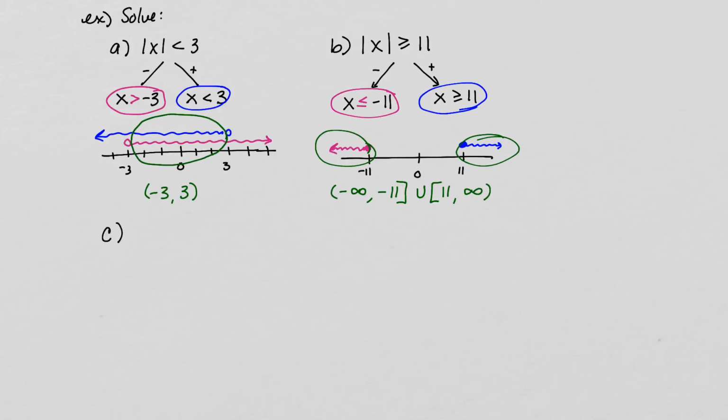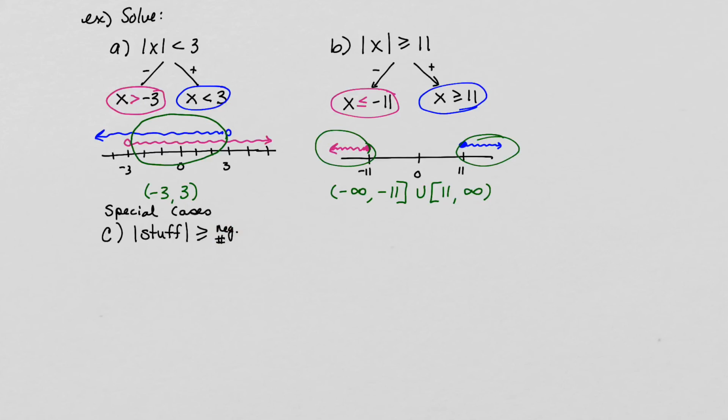So there are two special cases, and they're things we need to be on the lookout for because this method doesn't work. If we ever get the absolute value of a bunch of stuff, it doesn't just have to be x, being greater than or equal to a negative number, then if you think about it, if you remember from the absolute value equations, negative numbers just meant no solution.